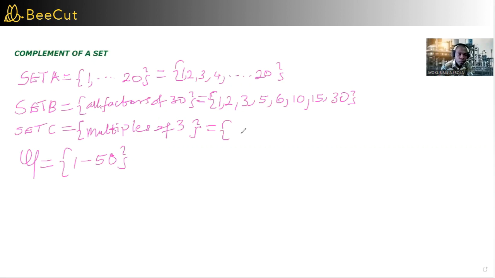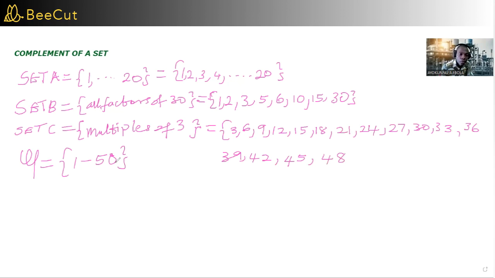multiples of 3, which are the multiples of 3 that you can see in the universal set. So let's go there. That will be 3, 6, 9, 12, 15, 18, 21, 24, 27, 30, 33, 36, 39, 42, 45, 48.